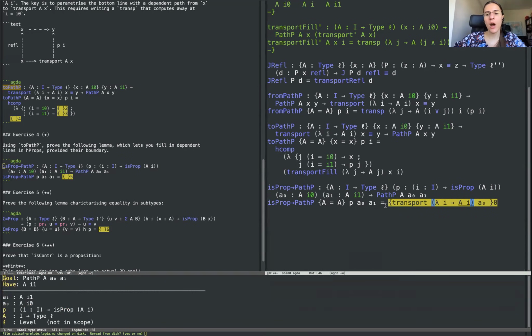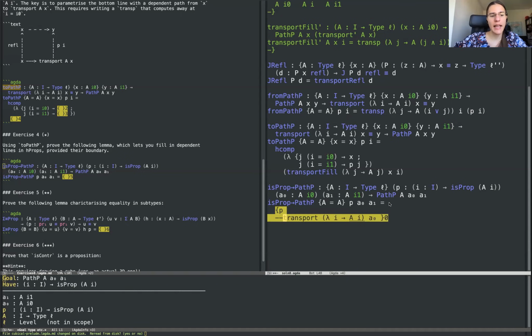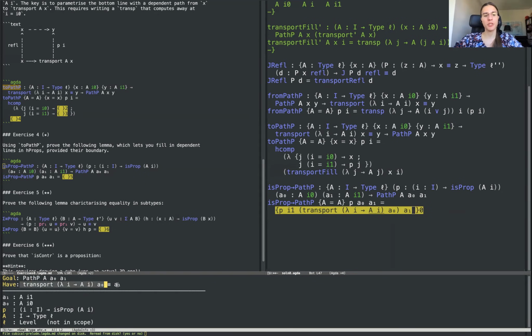Right? Now, I have a proof that every single fiber is a proposition. So what I can do is I can take P. And then what do I need to give? I need to say, well, at what point am I going to consider? I'm going to consider the point I1. And then I get is prop A I1. And then I can provide 2 points in A I1. Well, one of them is going to be this transport. And the other one is going to be A1. So that I get a path from the transport of A naughts to A1.